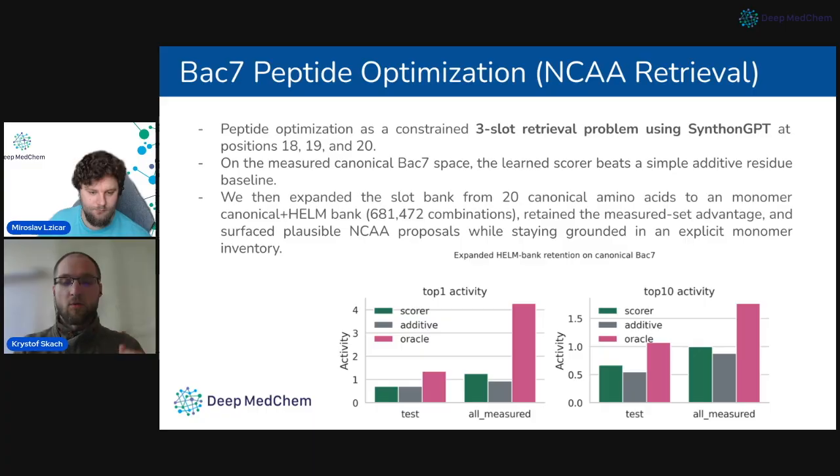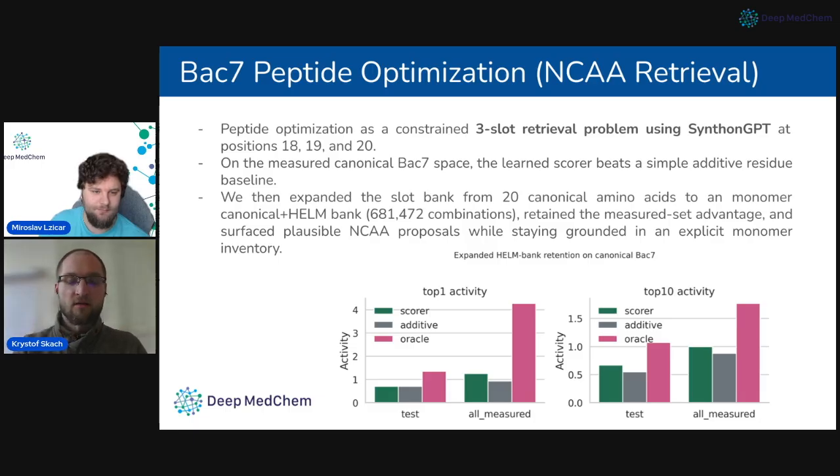This approach was then applied in a similar case, which was building on top of this one, where we took the antimicrobial peptide BAC7 and used CHEESE SynthonGPT to iteratively change the amino acids in positions 18, 19, and 20 in order to increase the activity of the peptide.